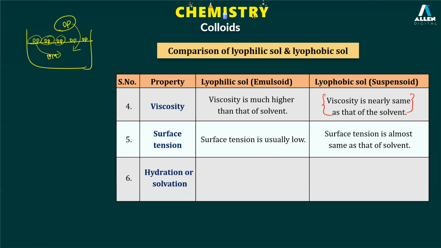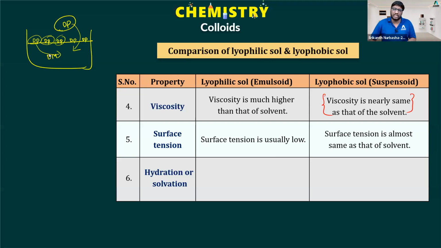Yes. I repeat it again. Listen carefully. Lyophobic sol has no proper interaction between dispersion medium and dispersed phase. Since there is no proper interaction, the viscosity and surface tension of lyophobic sol are almost the same as those of the pure medium. For lyophilic sol, viscosity is much higher than the dispersion medium, but surface tension is much lower.